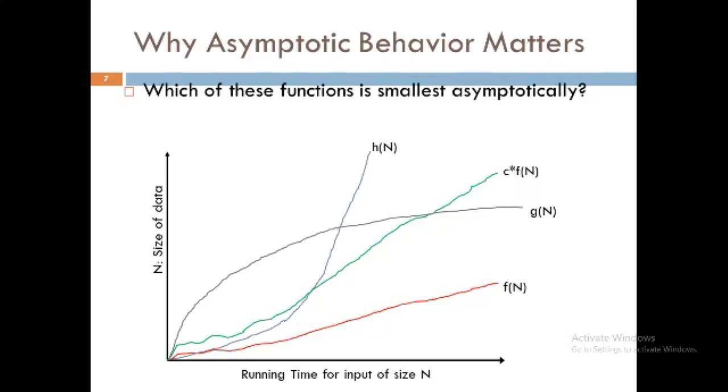Let us consider one example: log of 1 plus z minus log z into z to the power z into 2 pi z. By putting the value of n equal to z here, we have z tends to infinity. So which function is the smallest asymptotically? That is g of n, which seems to grow very slowly after a while.